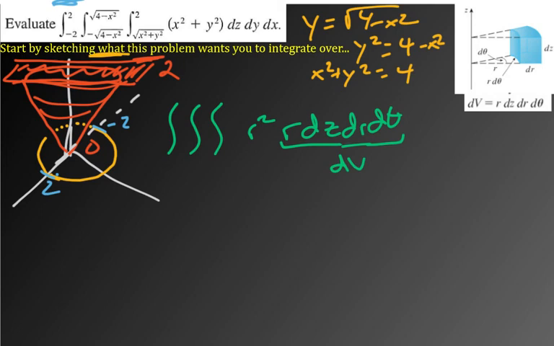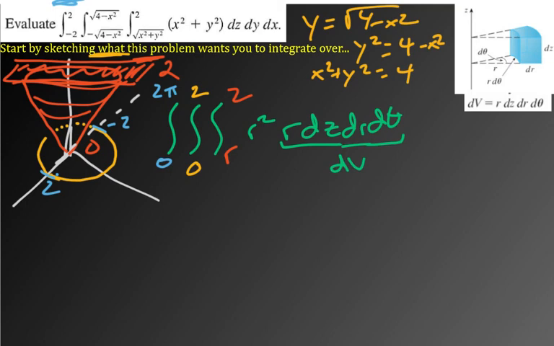And then in z, we go from r up to 2. In the radial region, we're going from 0 out to 2. And then the angle is a full 2 pi.